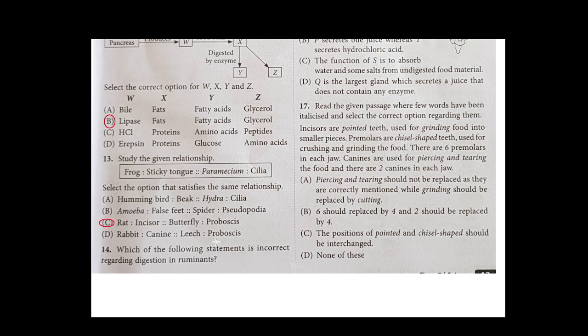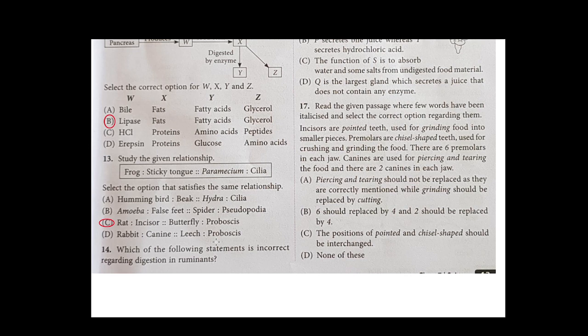That is, rat is to incisor and butterfly is to proboscis. Why? Because the frog captures its prey by using its sticky tongue. Similarly, paramecium also catches its food by cilia. And the rat uses its incisors for gnawing its food, and butterfly sucks the nectar by using its proboscis.